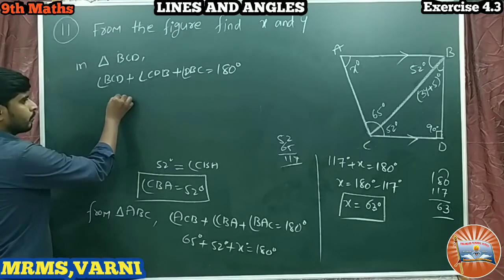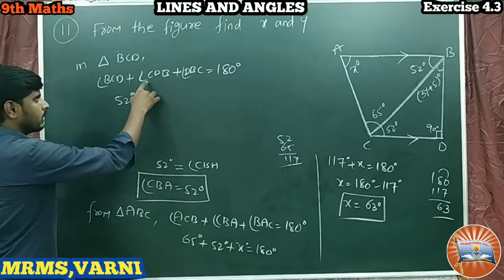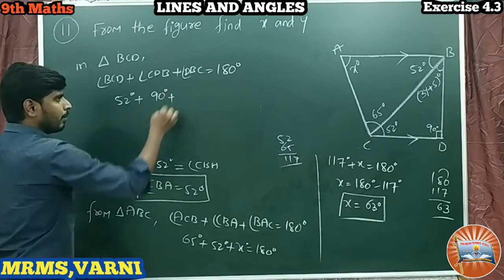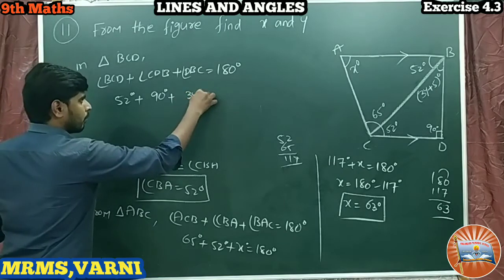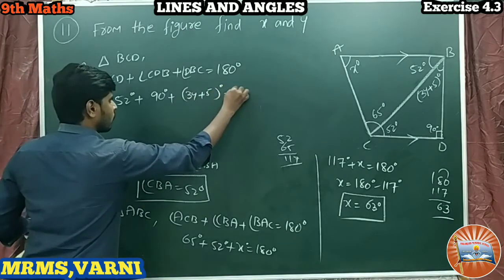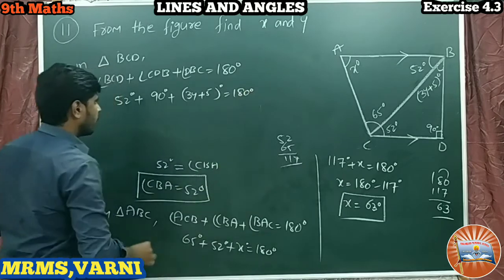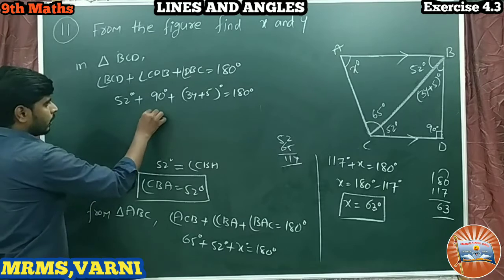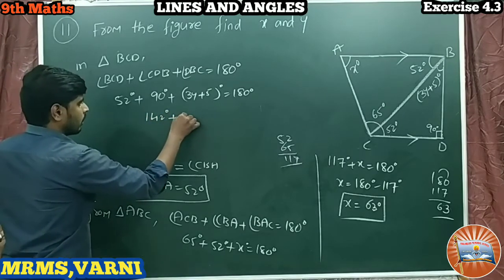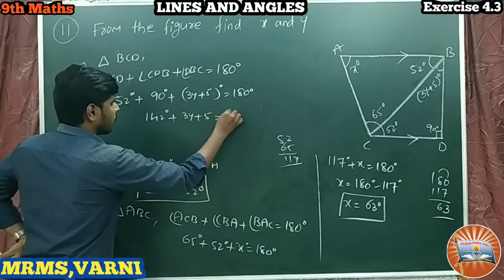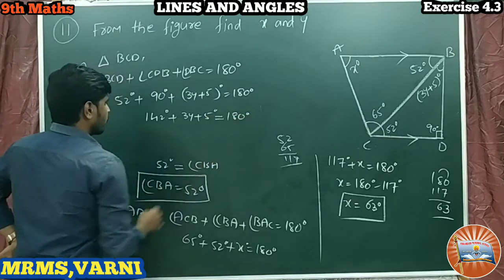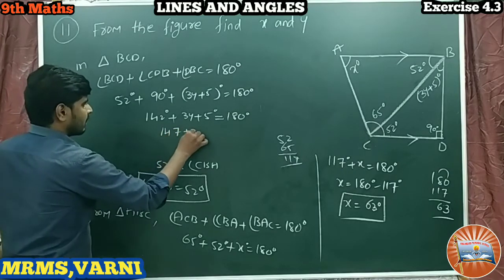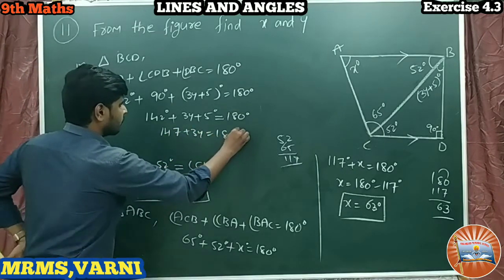BCD given 52 degrees plus CDB is 90 degrees plus DBC, that is 3y plus 5 degrees is equal to 180 degrees. Okay, so 90 plus 52, 142 degrees plus 3y plus 5 degrees is equal to 180 degrees. So it becomes 147 plus 3y is equal to 180.